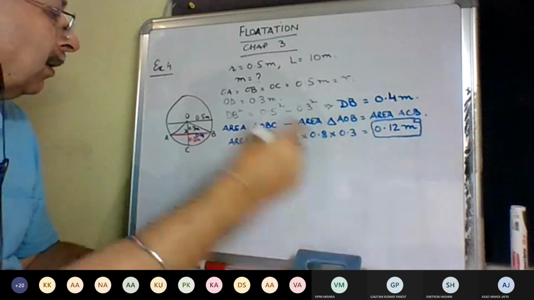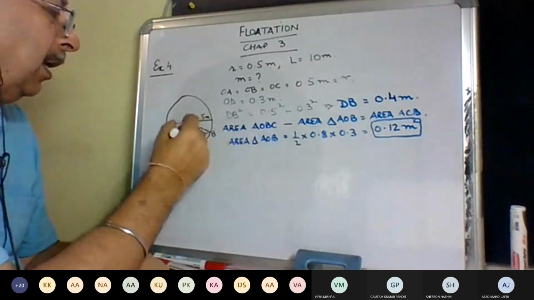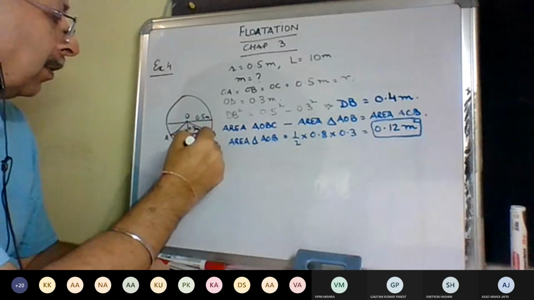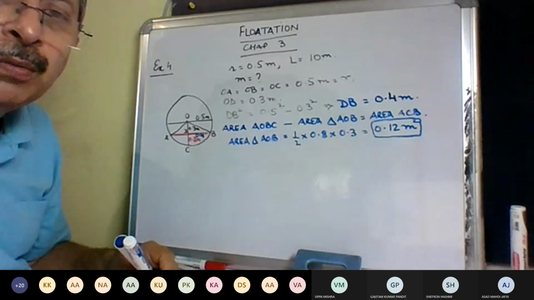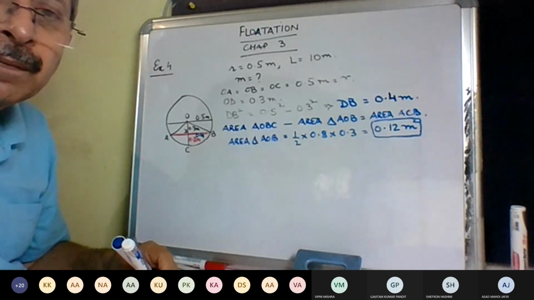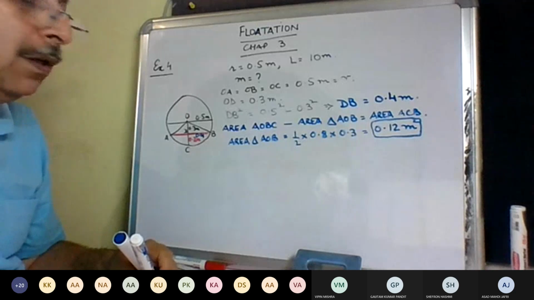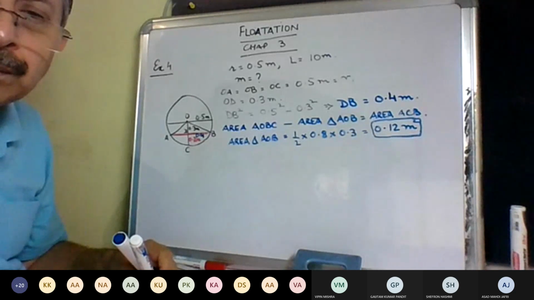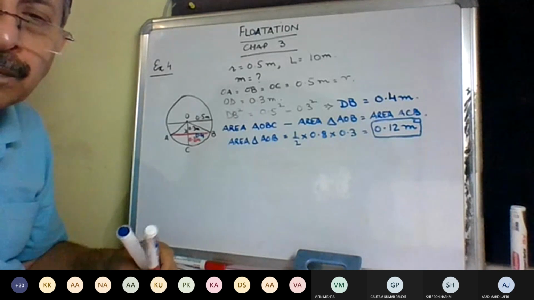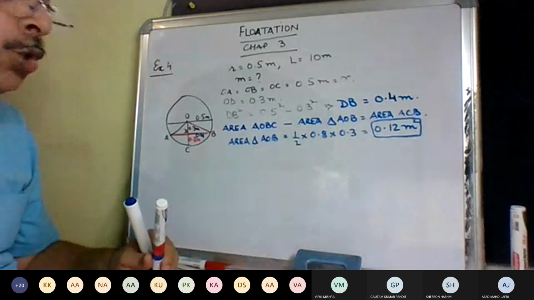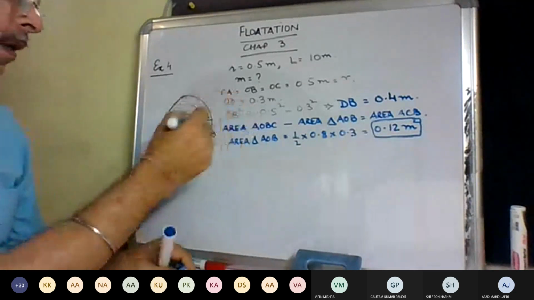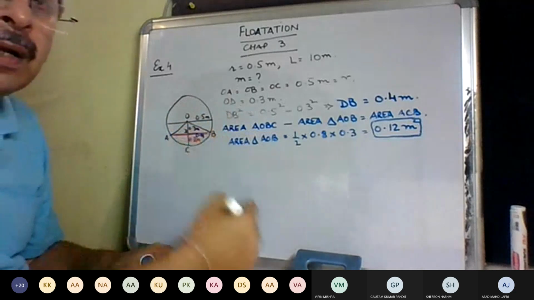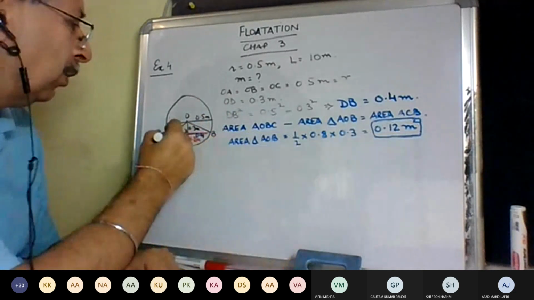Now I'm interested in area of AOBC. इसका एरिया कैसे निकले? So area of AOBC basically will be found out by a ratio. So the ratio is what will give me the area of AOBC.